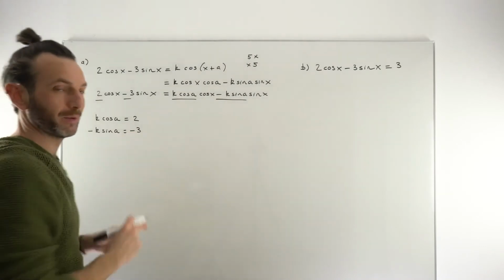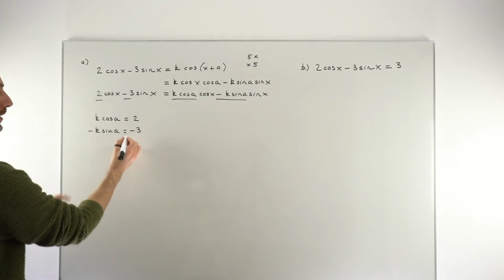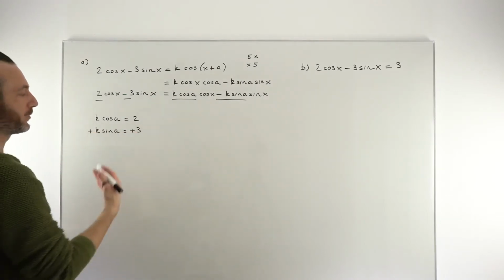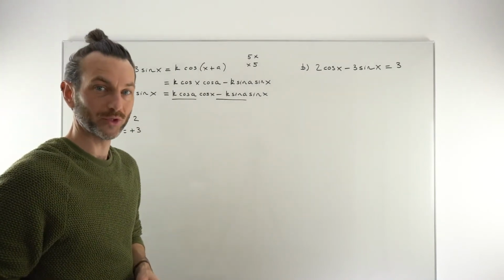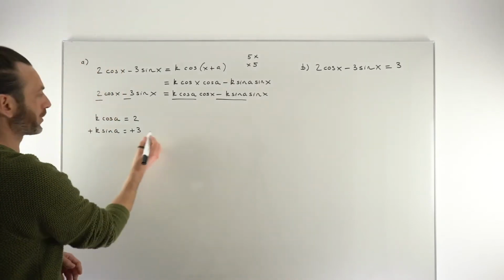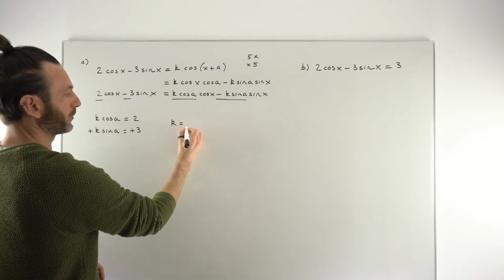Because they've both come out to be a negative, but only because they've both come out to be a negative, we can actually just ignore the negative. So just imagine those being back to positive. Getting these two little equations is the starting point, and then we're going to go through the process to get the k value and the a value, which is ultimately what we're trying to solve for. The k value is basically based on Pythagoras.